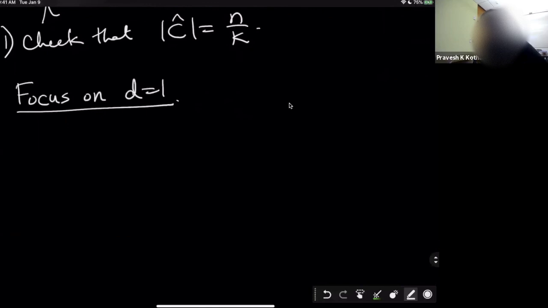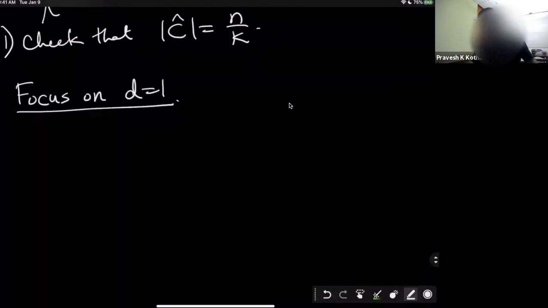And if you focus on D equals 1, we talked about how the mean separation delta, if bigger than like root log k or whatever, somehow guarantees that the points from different clusters are essentially non-overlapping, right? So if I were to draw a diagram, it would look like this.